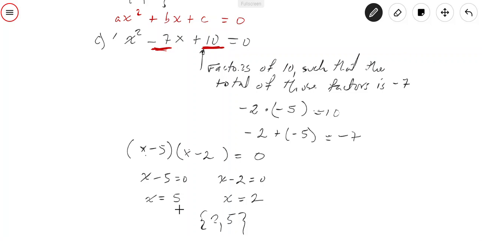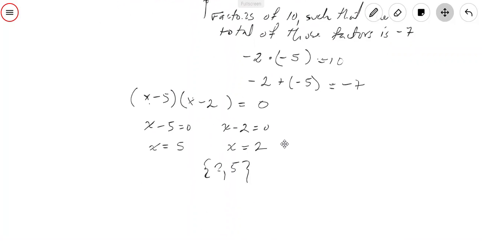Let us then analyze how we solve an equation by taking the square root. By taking the square root, we're going to base this method on the property of taking the square root of both sides of the equation.